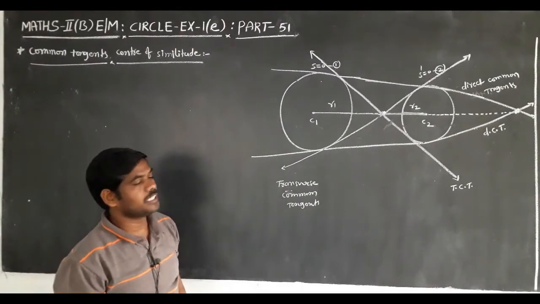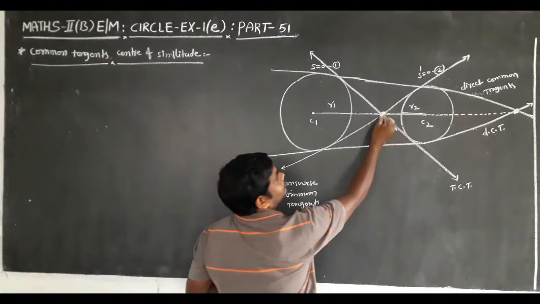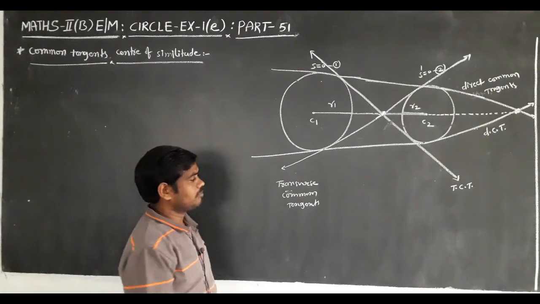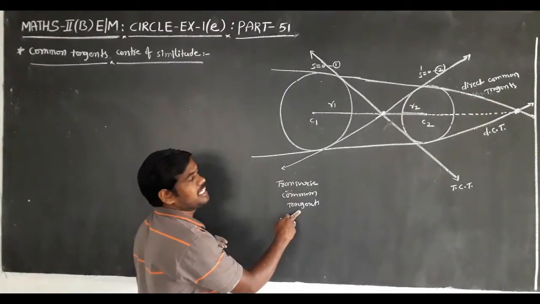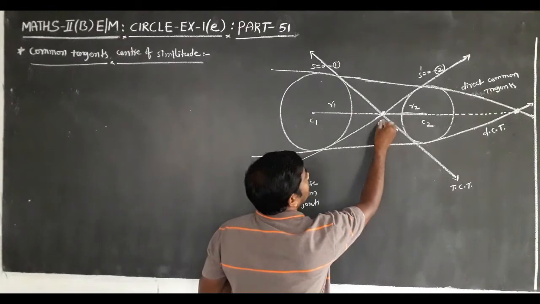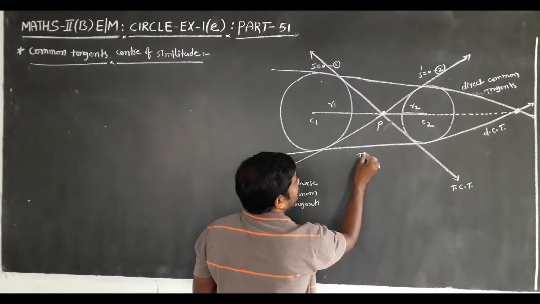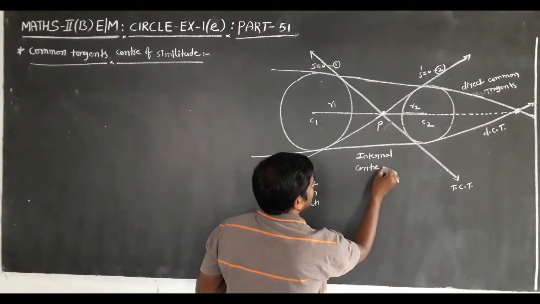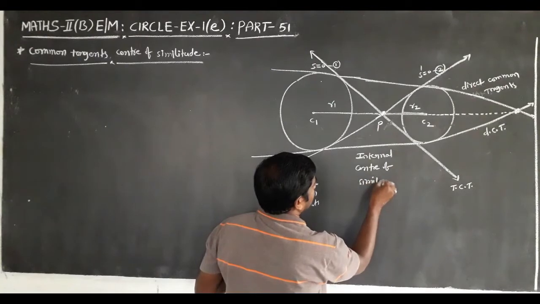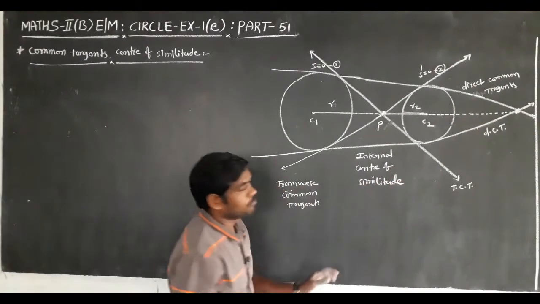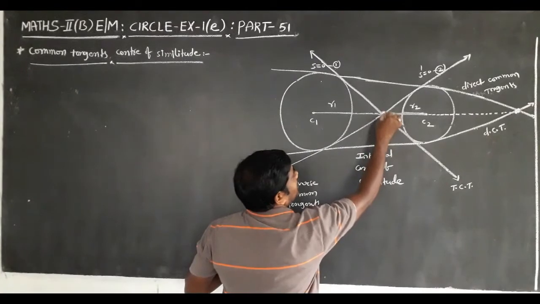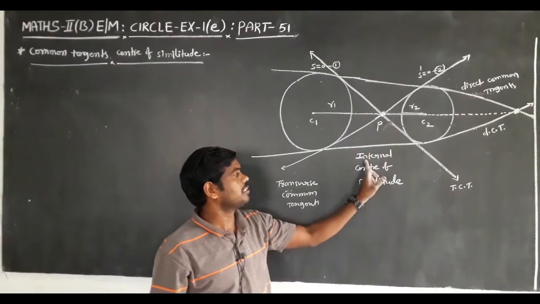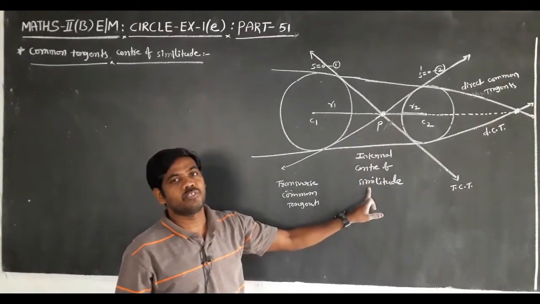The point of intersection of the transverse common tangents is called the internal center of similitude.